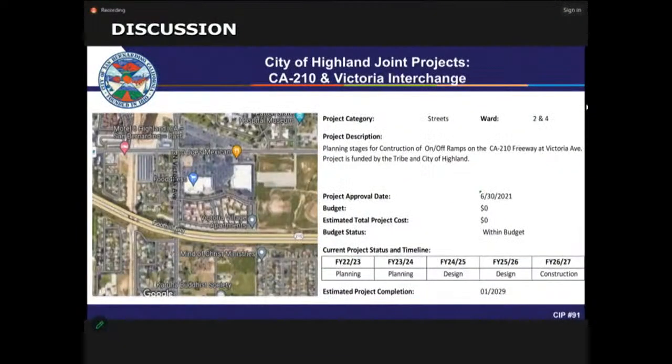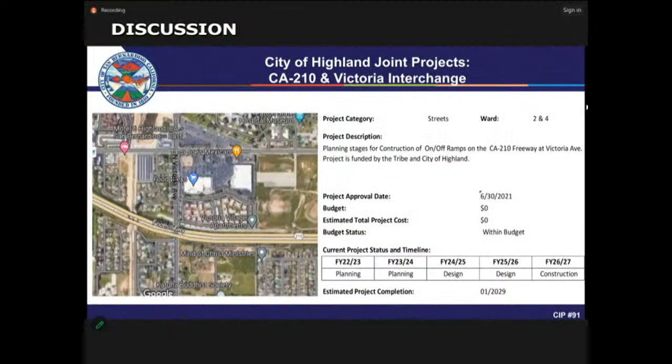Okay. The next project is the 210 Victoria Interchange. Basically, what this project is about is we're in the planning stages, as Daniel indicated earlier, why things take so long at this stage. At this point, we are only developing the project approval and environmental determination for this project. And we are not contributing any money for this project approval and environmental determination.